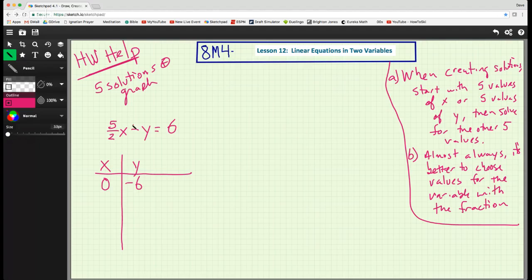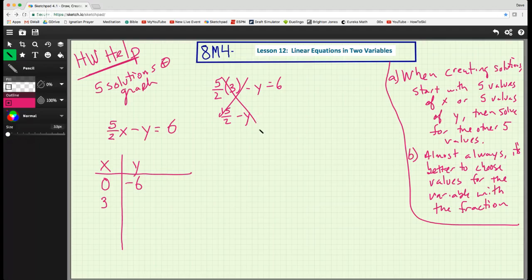So let's watch what happens if I choose an odd number. What if I chose the number 3? Well, I'd get 5 halves of 3 minus y equals 6. And here I end up with 15 over 2. I have a fraction, and the last thing I want to do is be working with fractions.